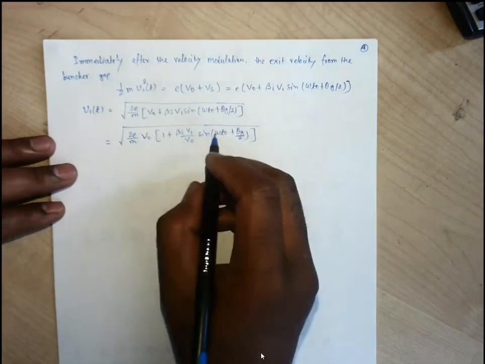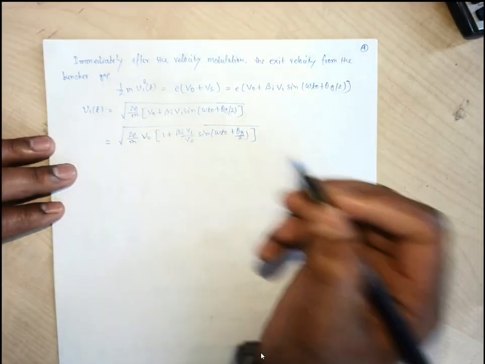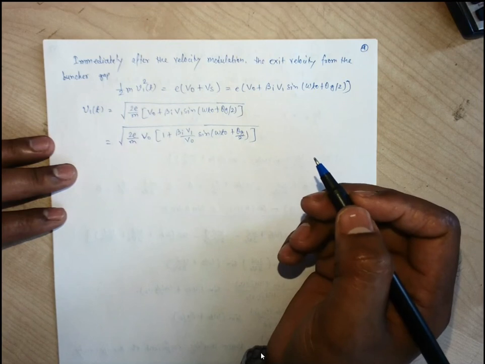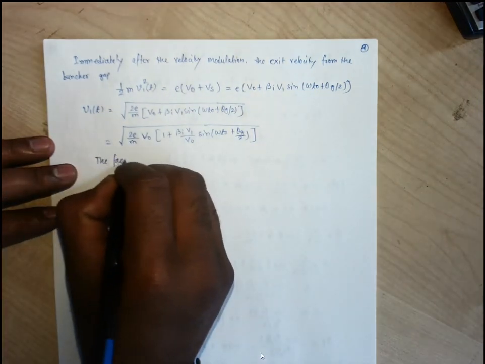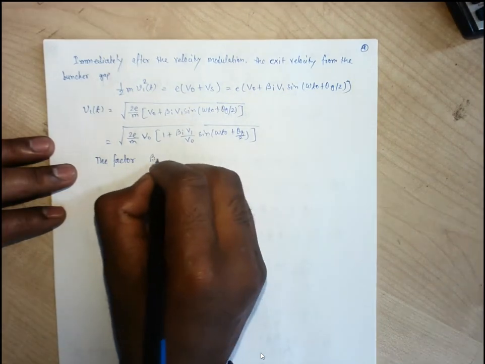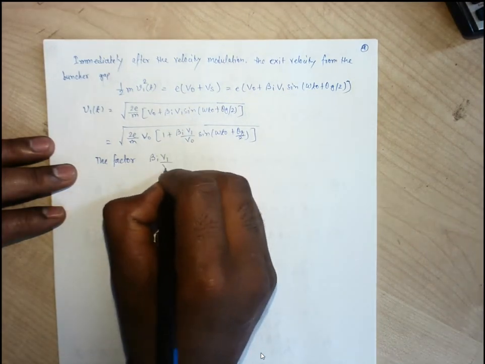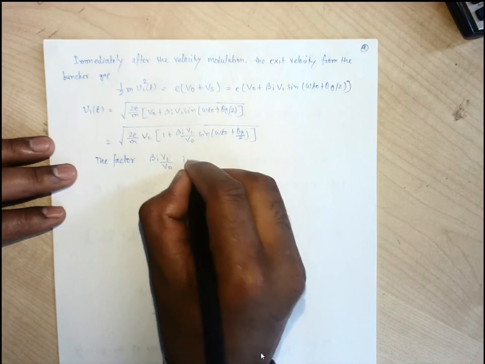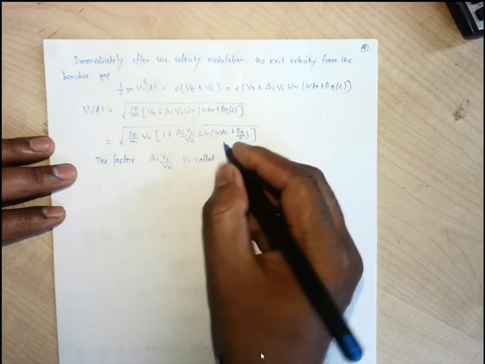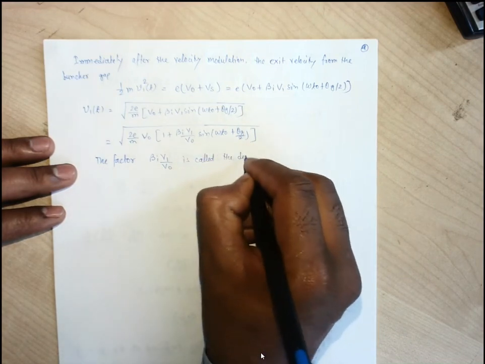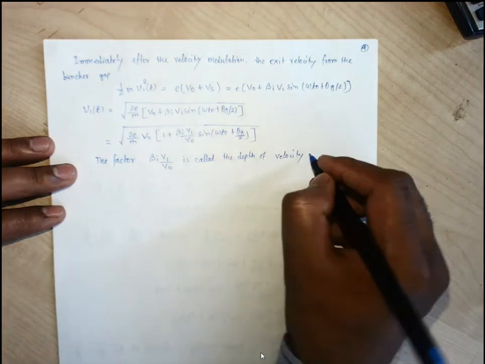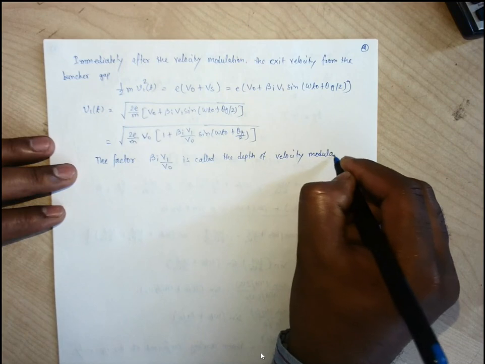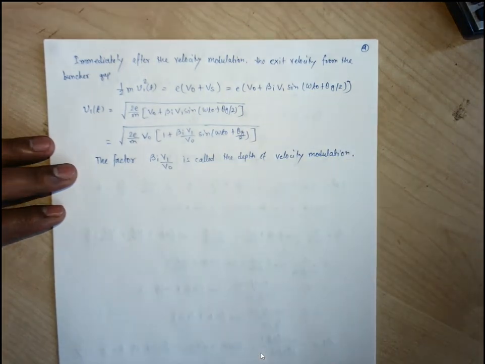So this parameter, beta I v1 by v naught, is called the depth of velocity modulation, right?